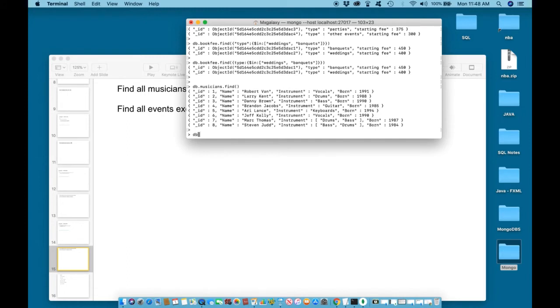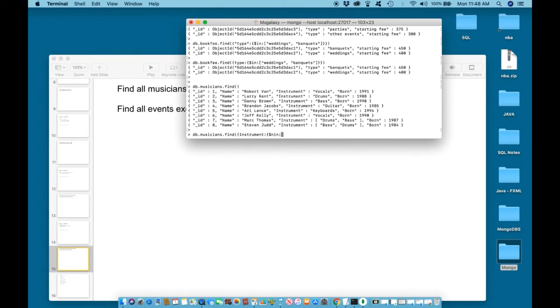db period musicians period find, instruments, colon, not in. The abbreviation for not in is N-I-N, nin.